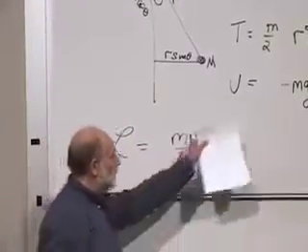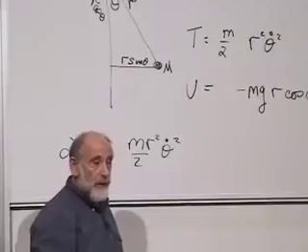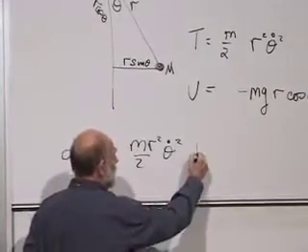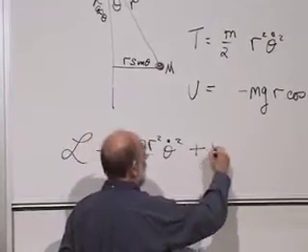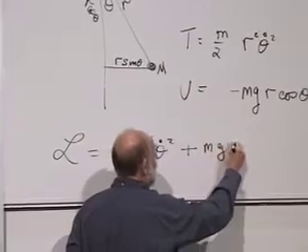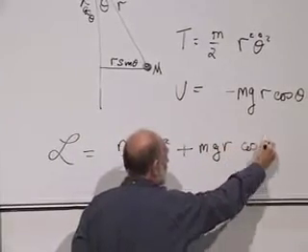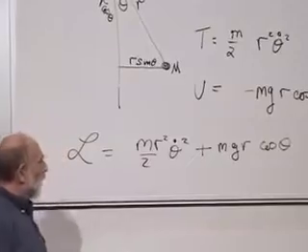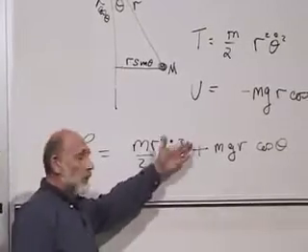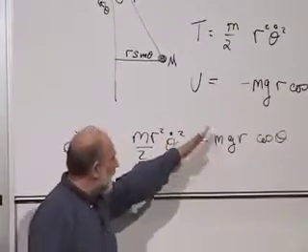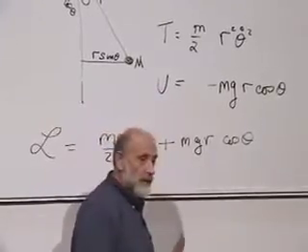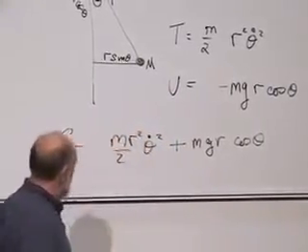The potential energy itself has a minus in front of it, so that means we should add mg r cosine of theta. Again, why plus? Because we want minus the potential energy in the Lagrangian, and the potential energy has a minus sign. Two minus signs make a plus sign.